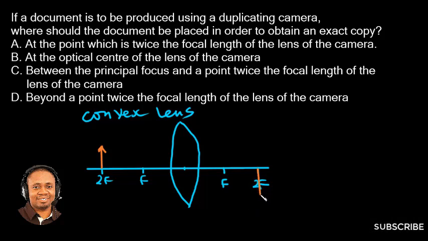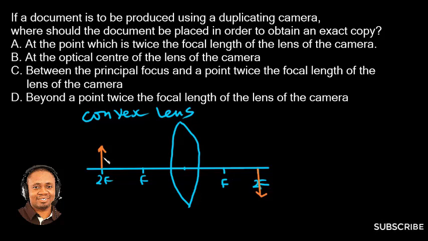In this case, the image is an upside down image. Okay, the dimensions are equal. The dimensions in terms of the height, both inside and outside of the lens, are the same. The dimensions are equal to the object's dimensions.